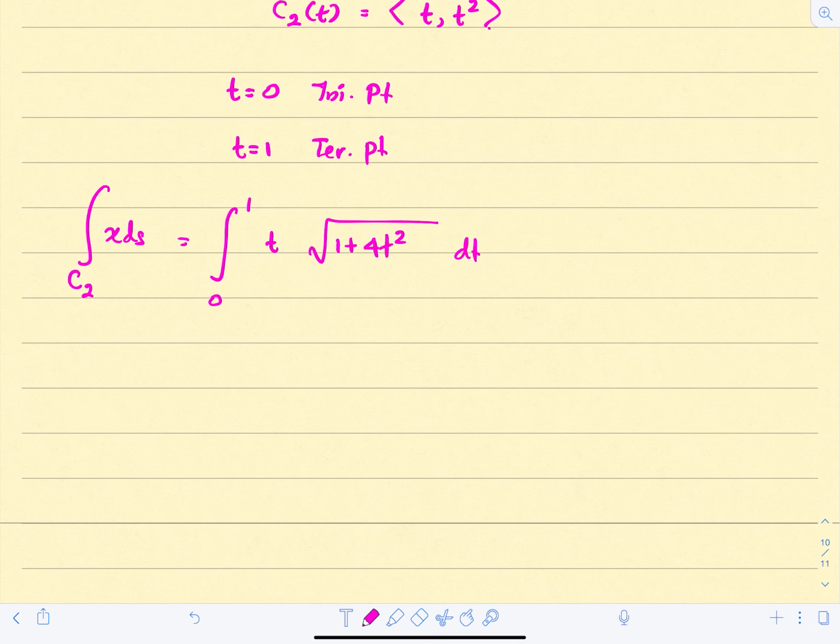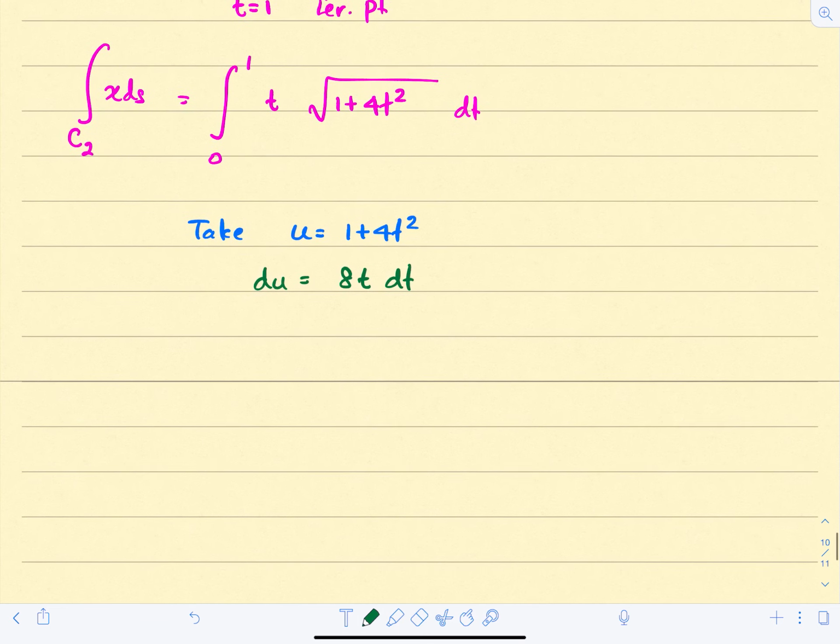Now to solve this integral we need to use a u substitution. Let's take u equal to this complex part, which is 1 plus 4t squared. Then your du becomes the derivative of this, which is 8t dt.